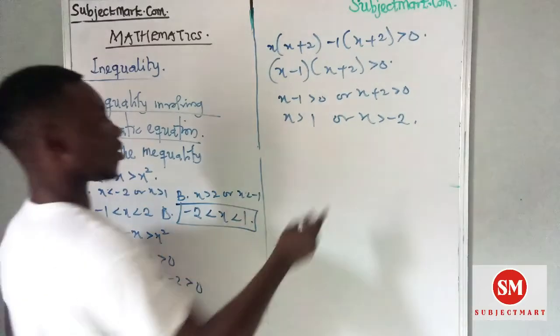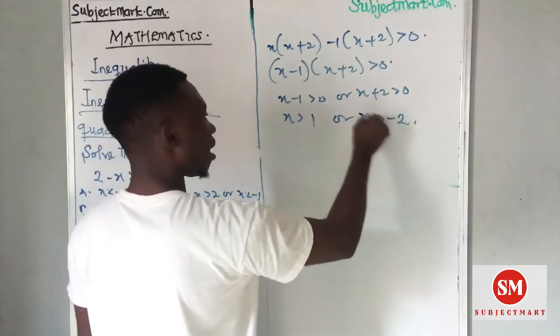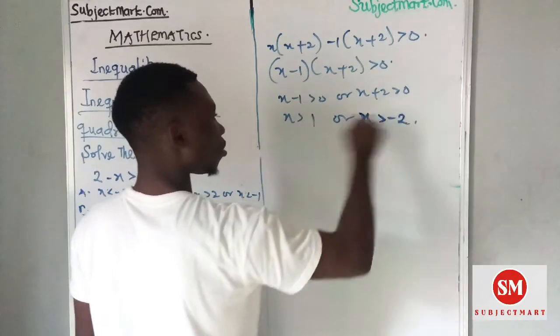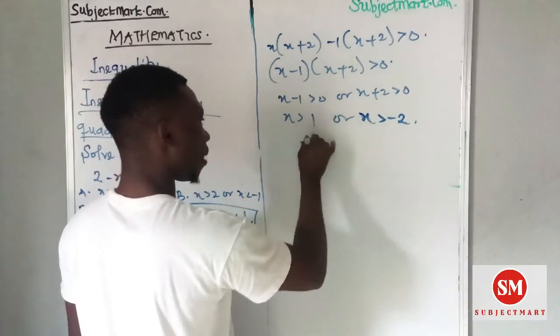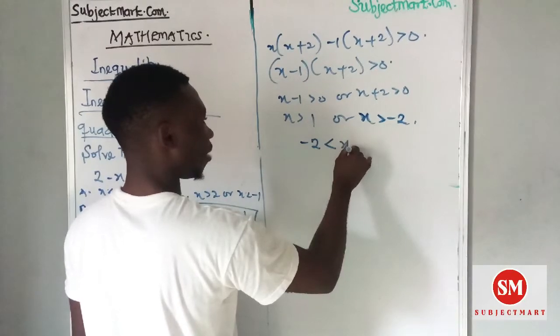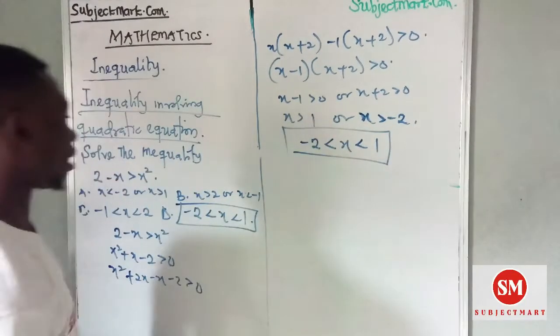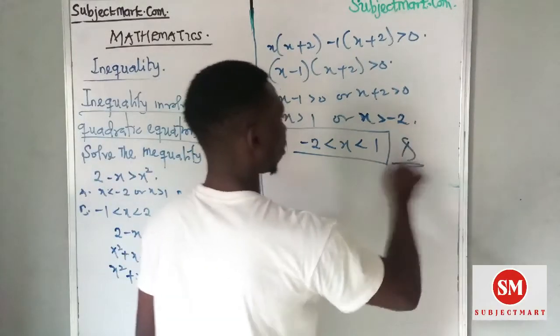Okay, I can now arrange this. If x is greater than minus 2, therefore minus 2 is less than x, where x is less than 1. So this is your final answer, which is D.